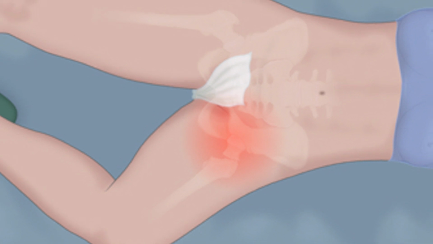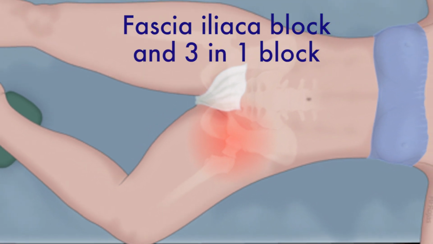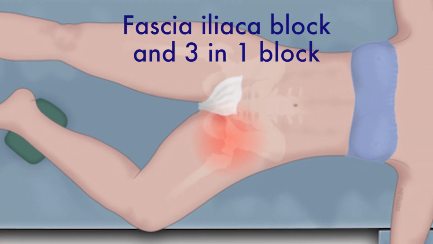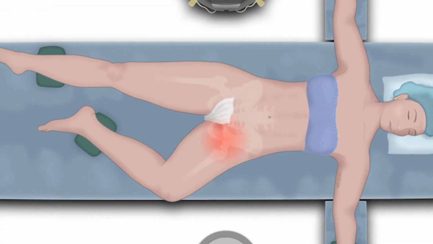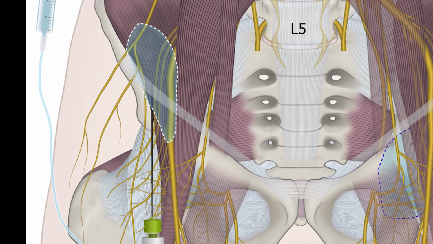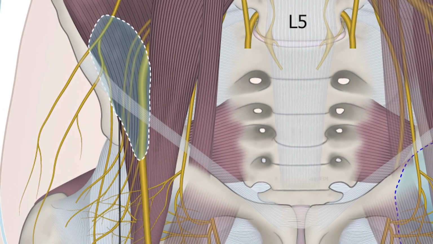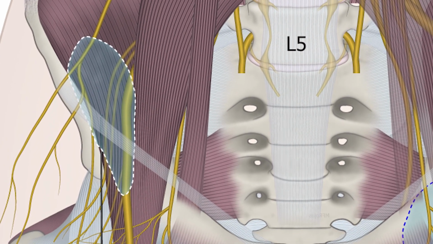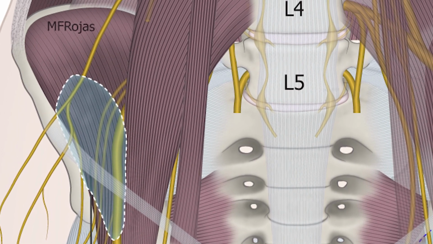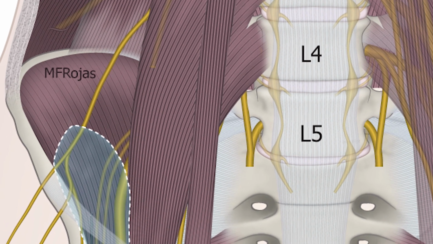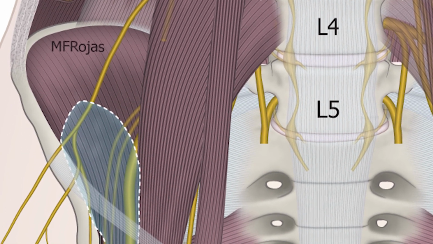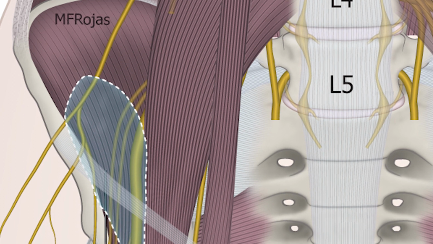Before we talk about the PENG block, we would like to examine the mechanism of how the 3-in-1 or fascia iliaca block works. Literature examining the local anesthetic spread following the 3-in-1 and the fascia iliaca block using MRI suggests that the spread will ascend at most to L5 level, where the femoral nerve emerges on the lateral side of the psoas.